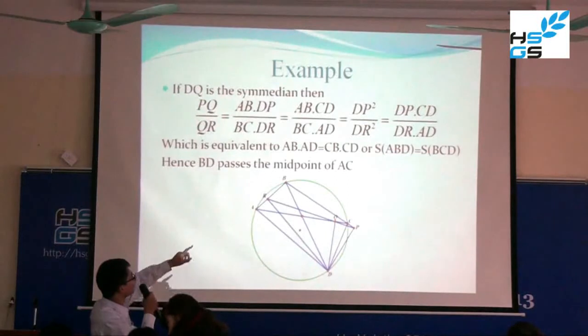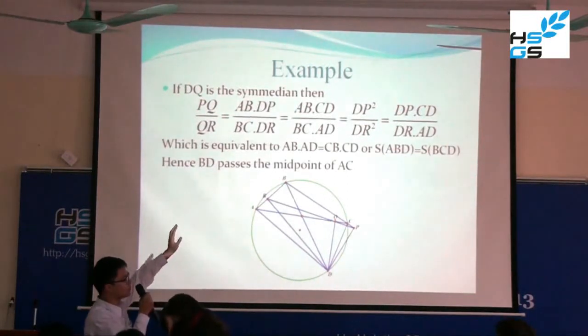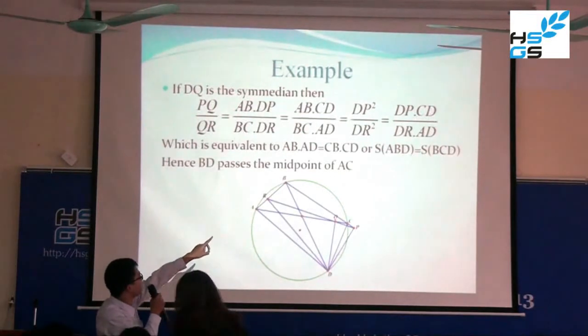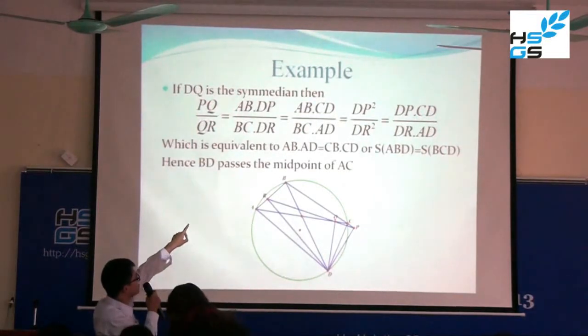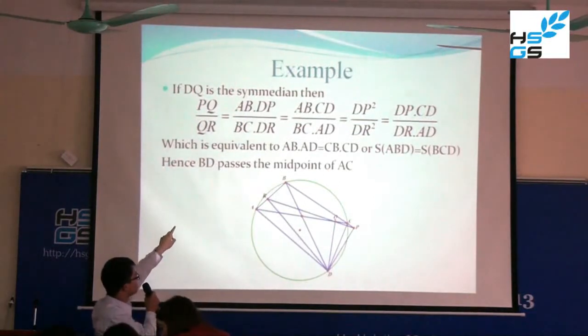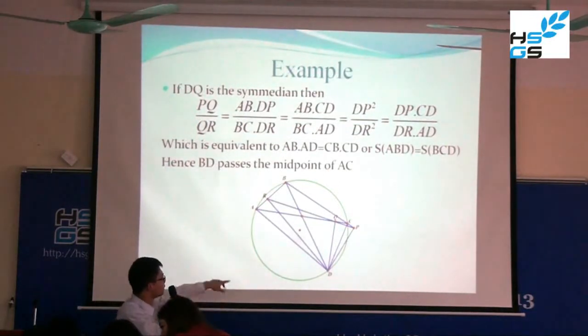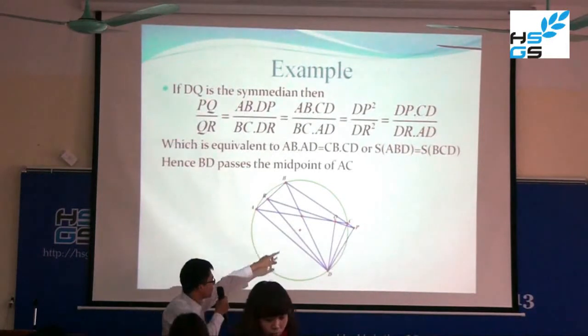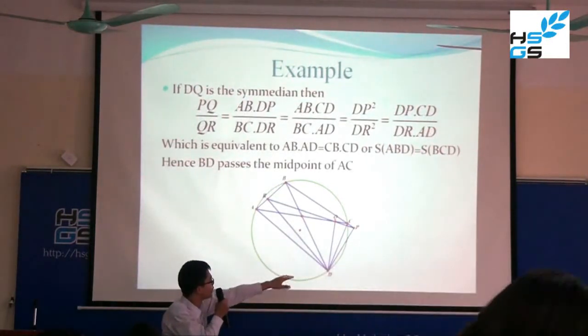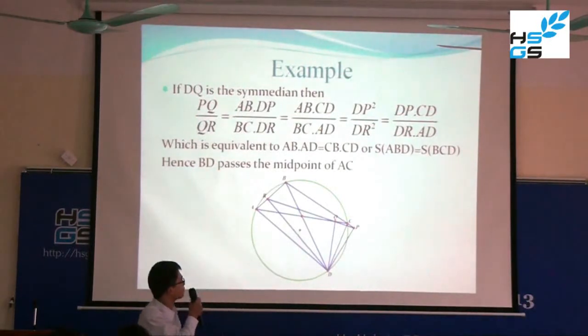And here's the example. We want it to be the median. Thus we got the following ratio, and it generates the equality which concludes that BD passes through the midpoint of AC. Here we see BD passes through the midpoint of AC, and DQ is the median of triangle DPR.